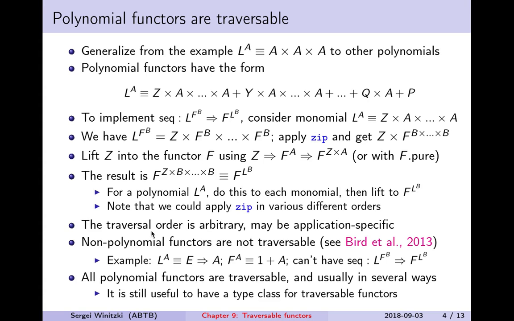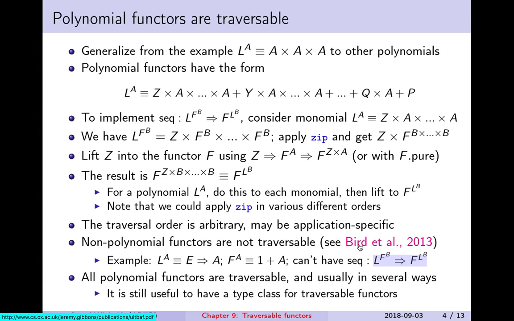And also we have seen that non-polynomial functors, at least some of them, are not traversable. So this is not traversable because we cannot have a reasonable implementation of this that does not lose information. And there's this paper that I'm referencing here.